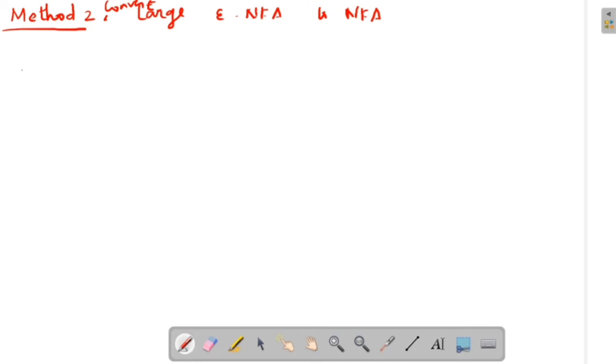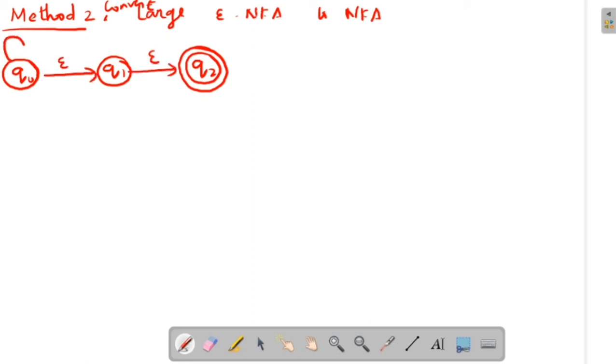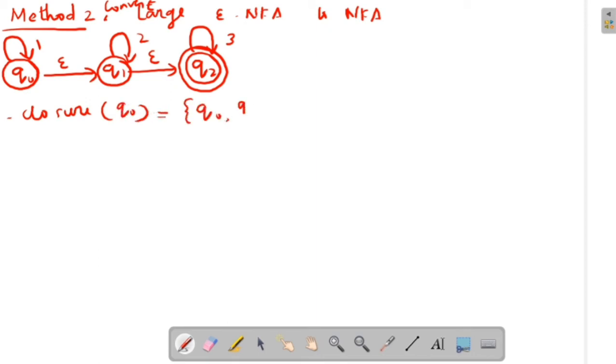So here we solve the same problem. Our given problem is Q0, Q1, Q2, with epsilon transitions and the alphabets 1, 2, 3. First we find the epsilon closure of Q0, that is the initial state. Epsilon closure of Q0 is Q0, Q1, Q2.